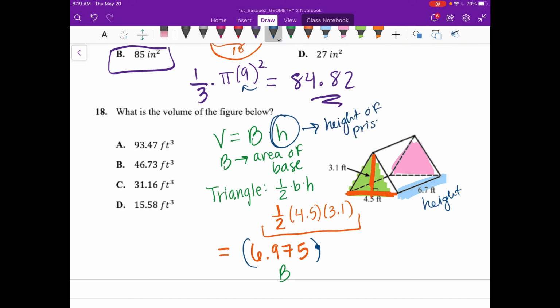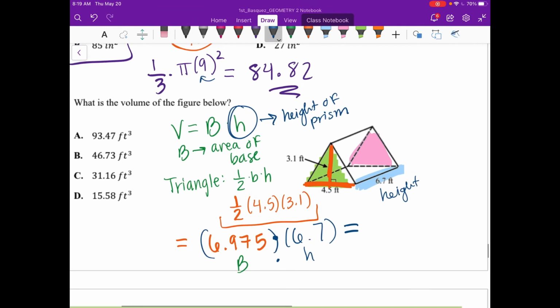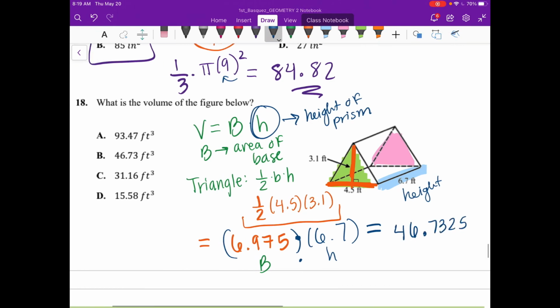So if you were to turn this prism and lay it on the base, the triangle, it would be 6.7 feet tall. This represents the height, and they're being multiplied together. So now go ahead and multiply those two, and your answer comes out to 46.7325. And remember, this is multiple choice, so we're going to pick the answer that's closest to it. In this case, that's option B.